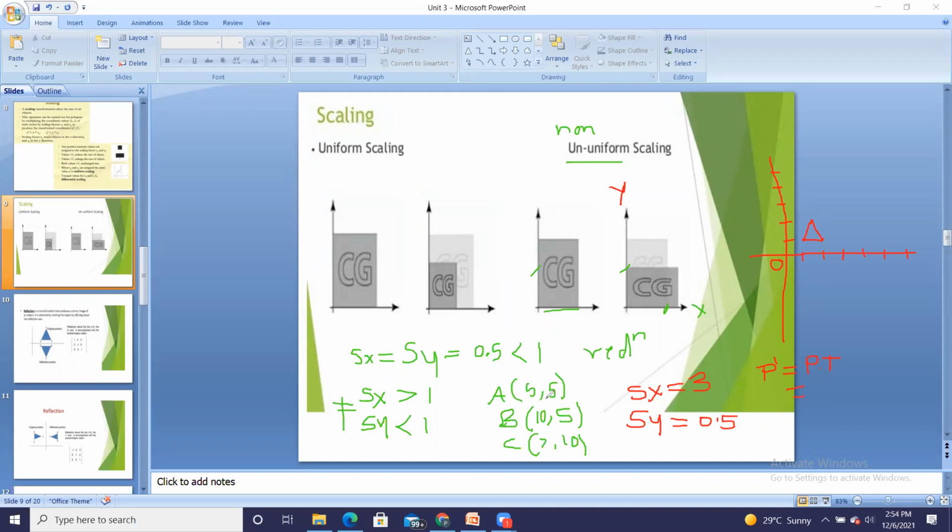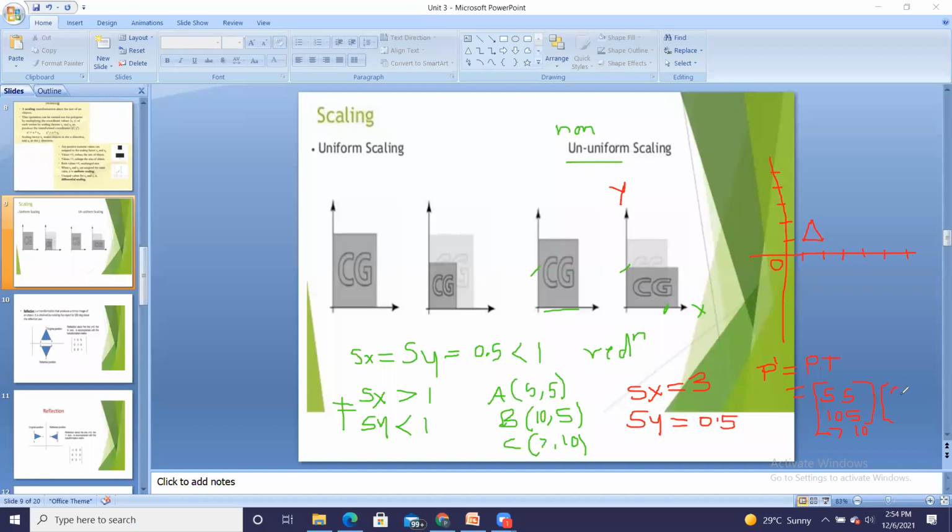P is having 3 vertices with me. So I will write it in the matrix form now. First is 5, 5, next is 10, 5, and the third is 7, 10. So I have written ABC vertices like this. And now I'm going to multiply it with Sx and Sy. The diagonal elements represent the scaling factors.